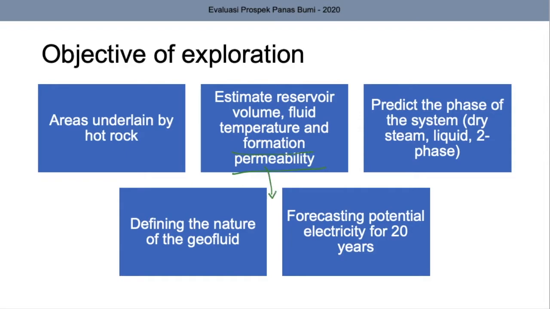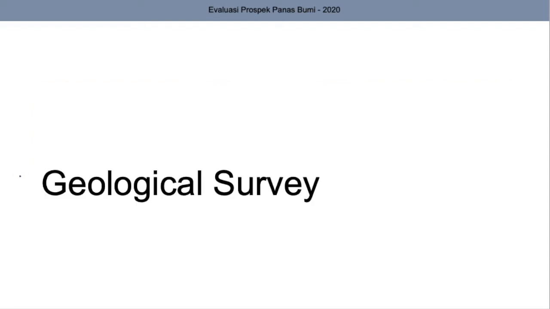Because permeability determines how much water and steam is kept in a rock. Moreover, the objective of the exploration is to determine the phase of the system, define the nature of the fluid, and also forecast the potential electricity for 20 years, because usually this is the number of years to reach the break-even point. I will start off with the elaboration of the geological survey.